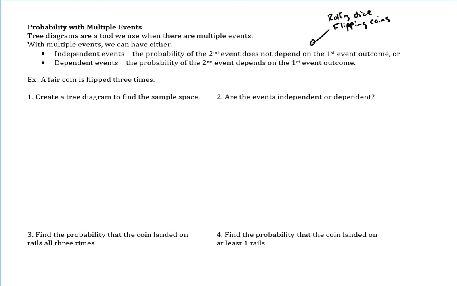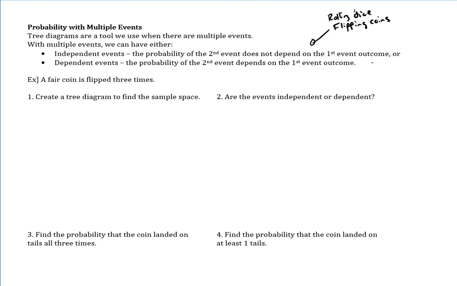The reason for that, let's use the coin for example: if you flip a coin, it's a 50% chance it lands on heads. If you flip a coin again, it's still a 50% chance that it lands on heads. So whatever it lands on the first time does not impact how it's going to act the second time it gets flipped.